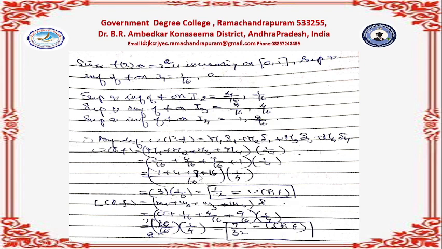That is 9 plus 1 is 10, 10 plus 20, that is 30 by 16.